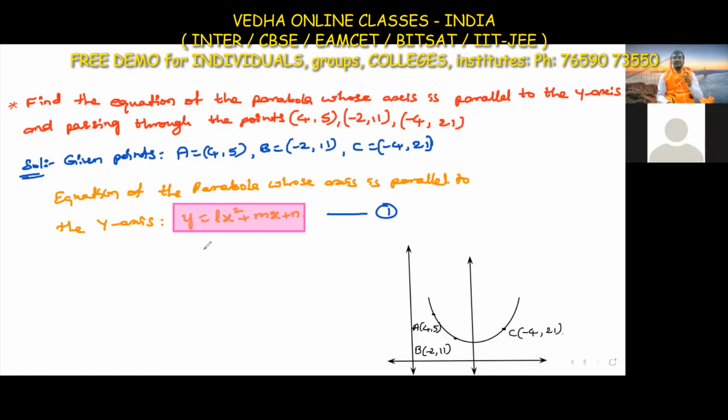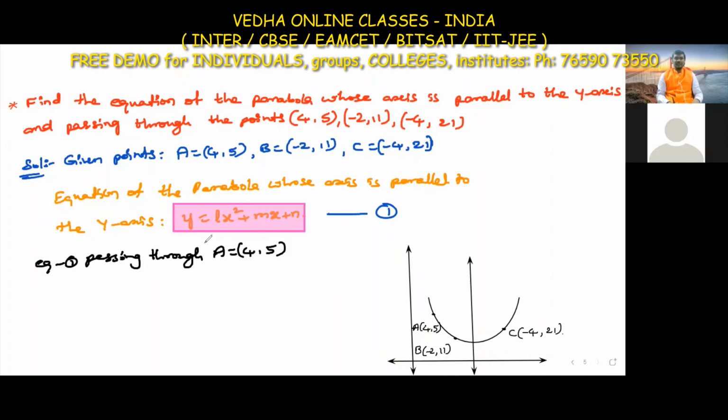This equation 1 is passing through the point A, which is (4, 5).